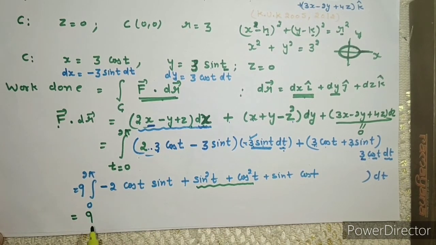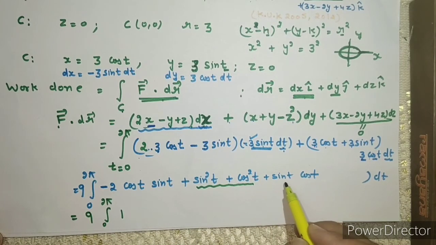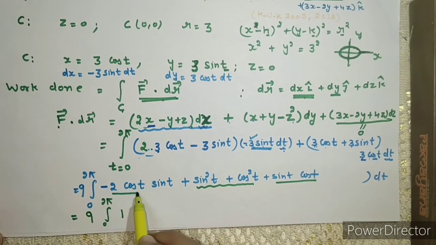So here is 9, this is 0 to 2 pi, this is 1, and this is sin t cos t, and this is minus 2 sin t cos t.